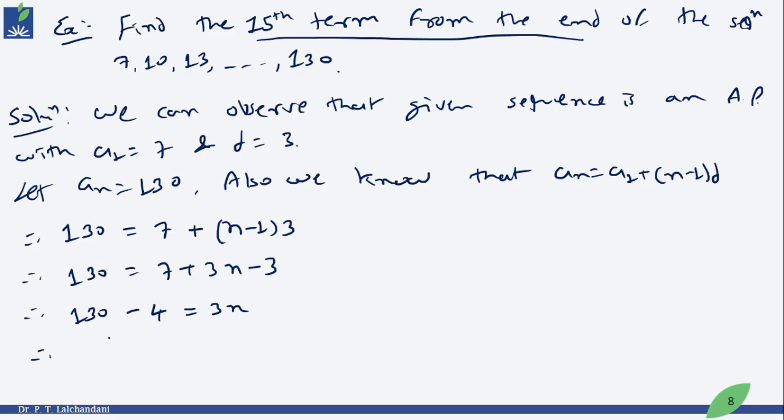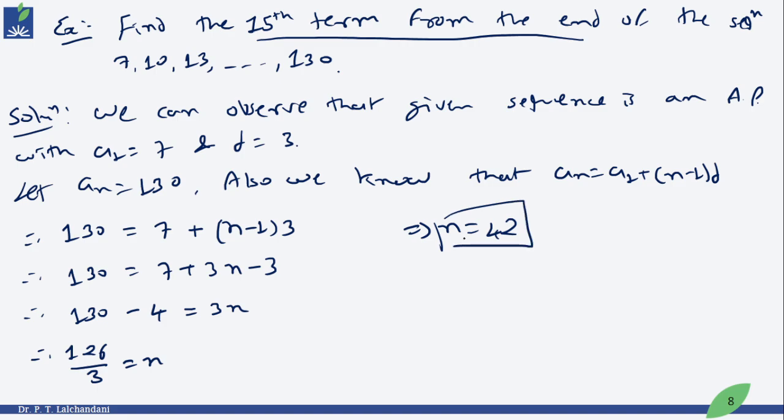So 130 minus 4 is 126, divided by 3, taking 3 to the left hand side. This implies that n is equal to 42.